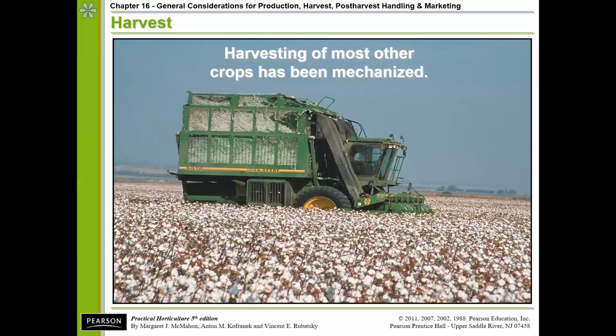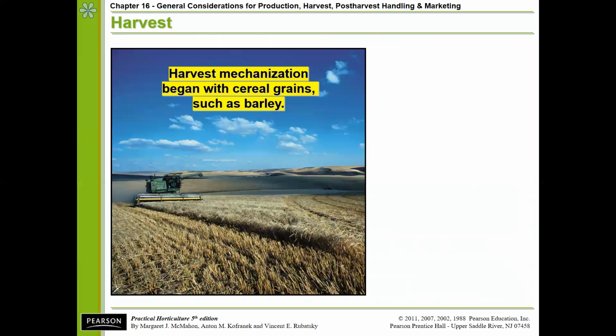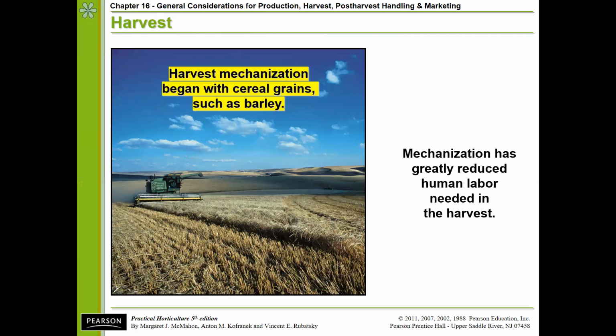Of course, we have mechanized harvesting for pretty much all of our commodity, subsidized crops. In this case, cotton. We've got a large combine harvester pictured here, as well as all of our grain crops. Of course, this greatly reduces the need for human labor at harvest.